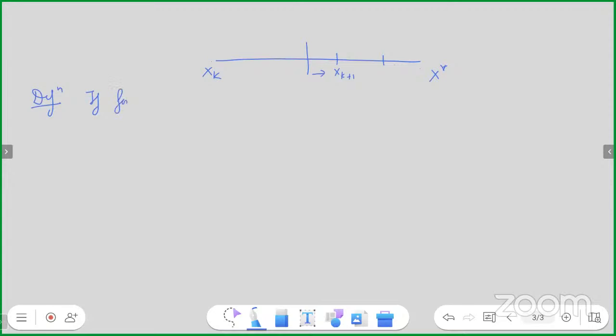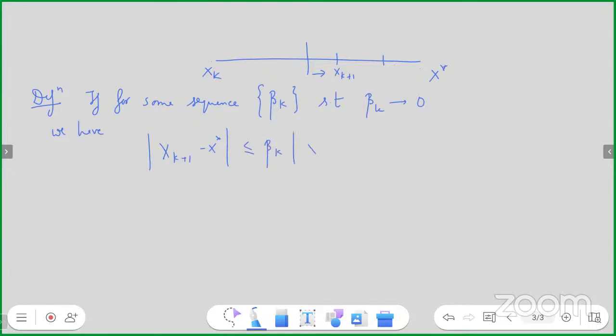If for some sequence beta k such that beta k goes to 0, we have |xk plus 1 minus x star| less than or equal to beta k times |xk minus x star| for all k greater than k bar, there exists a k bar, then this is called superlinear convergence.